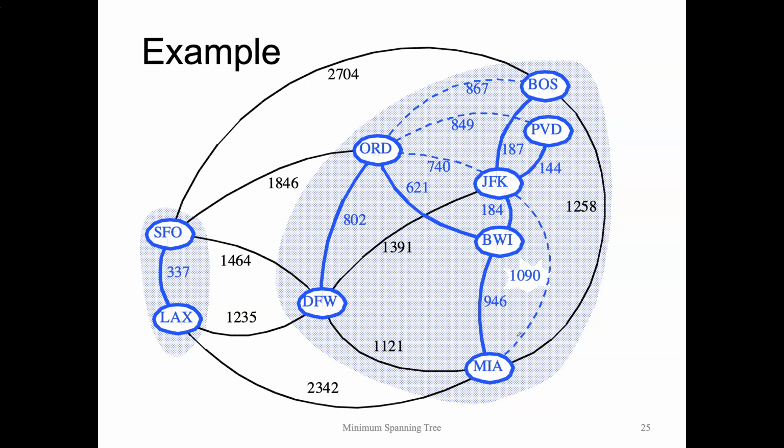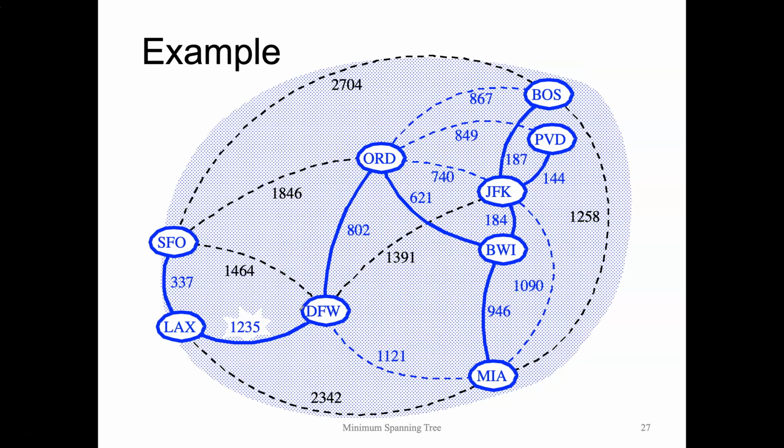And then the edge 1121, again, since these vertices belong to the same cloud, they were already connected, so we don't include that edge. And then the next smallest edge here is 1235. Because LAX and DFW belong to different clouds, we will include this edge. And now we already have a cloud which includes all vertices, so any remaining edge will not be included.